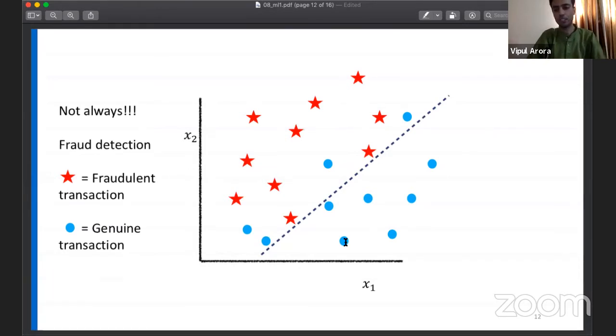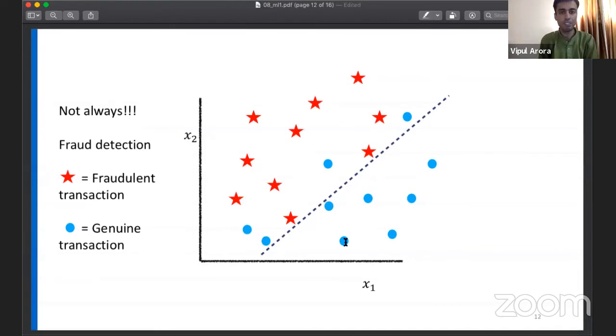There are so many options, so you won't lose anything. Which means a genuine transaction being misclassified as a fraud transaction does not harm as much as the other case. If a fraud transaction is classified as a genuine transaction and the money is dispensed, then it will be a big loss.